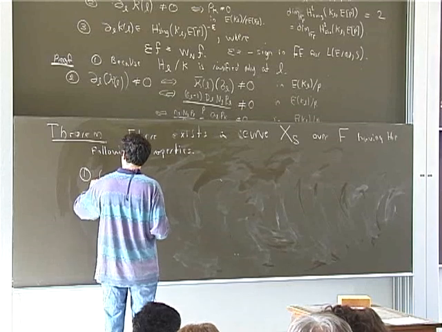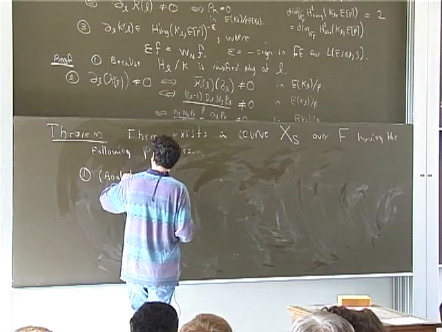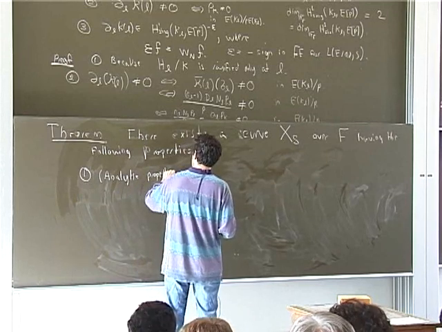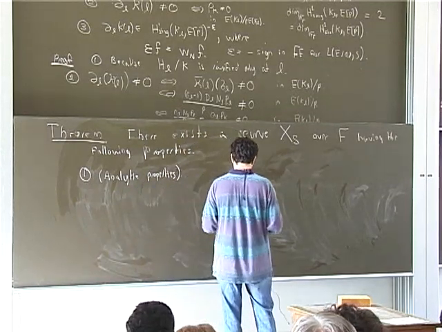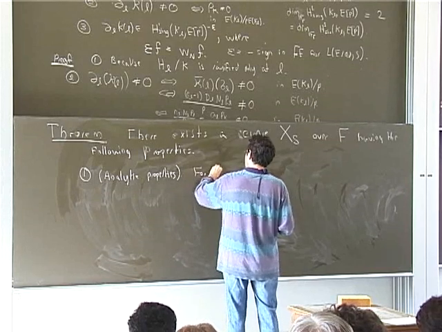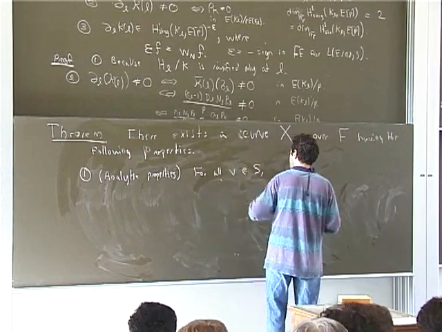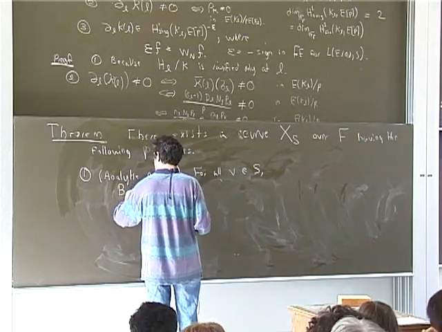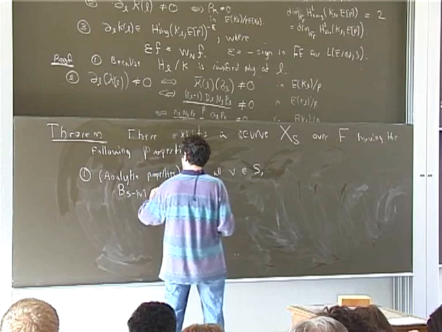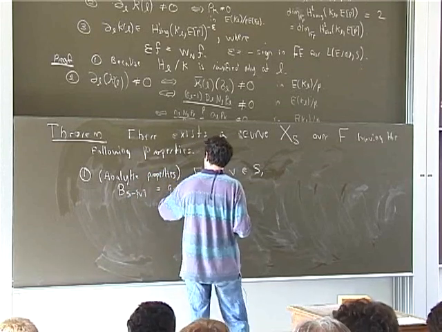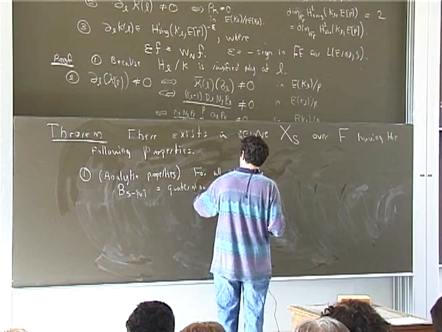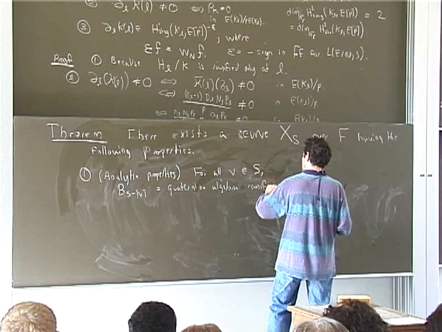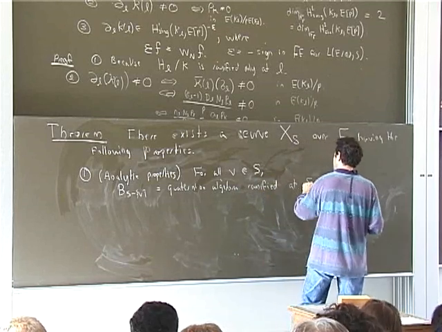Firstly, we have analytic descriptions of this curve at all the primes of S. So analytic properties. We have some uniformizations. So for all v in S, let B_{S minus v} denote the quaternion algebra ramified precisely at S minus v.